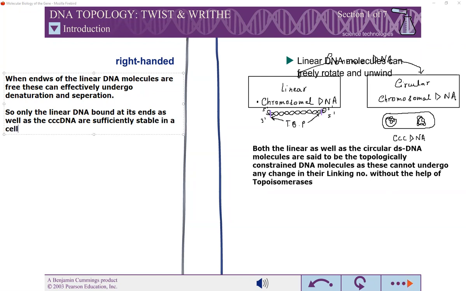So only both of these DNA molecules are stable in a cell, whereas the other DNA molecules whose ends are free are never going to be stable. Okay, clearing all the drawings and moving forward.